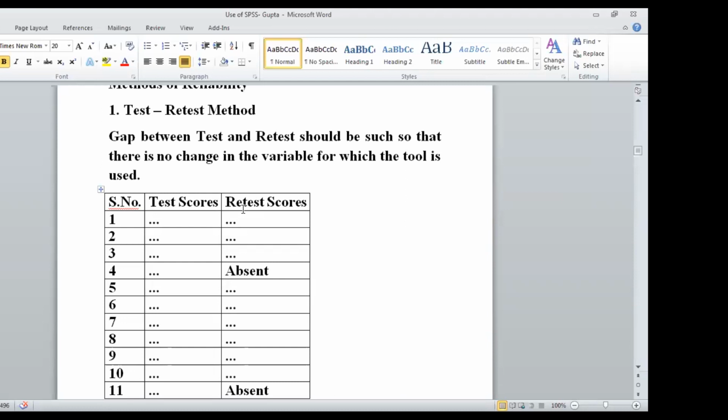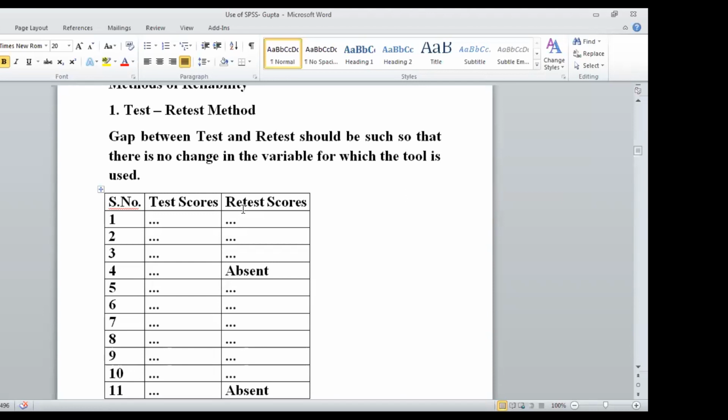So that has to be decided by you as a researcher, and it will be decided taking into consideration the nature of the variable for which you are developing the tool. Whether that variable can undergo a change during the gap period. And if it can go under some change, then you should reduce the gap.